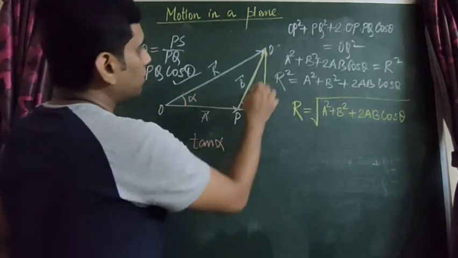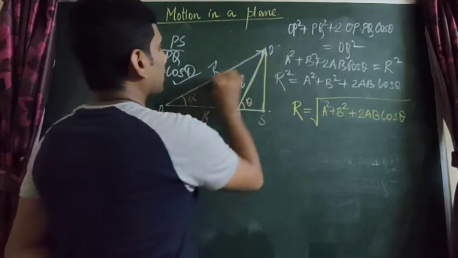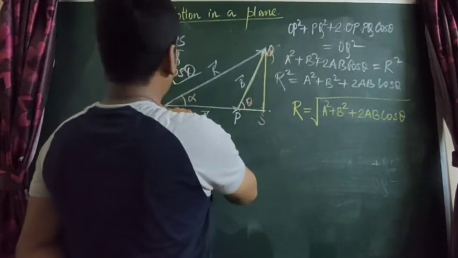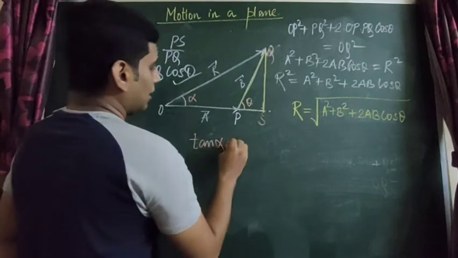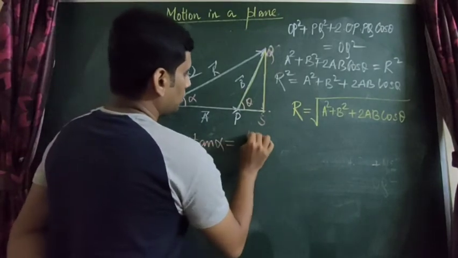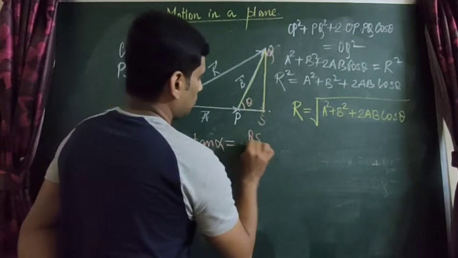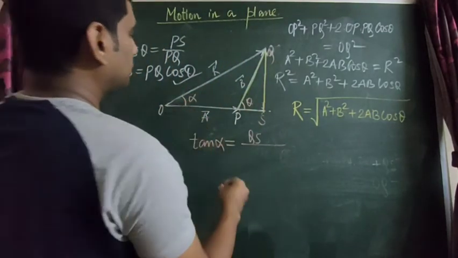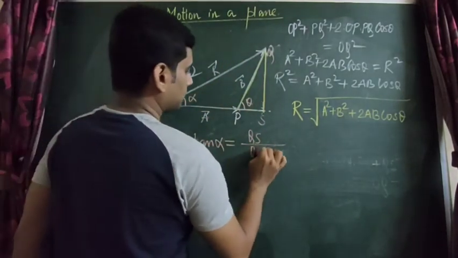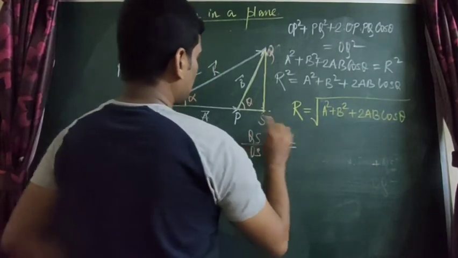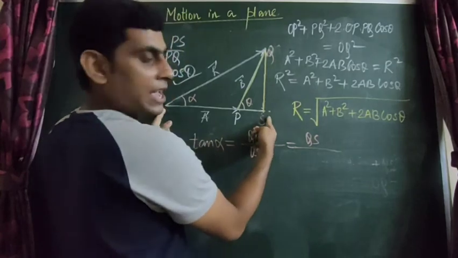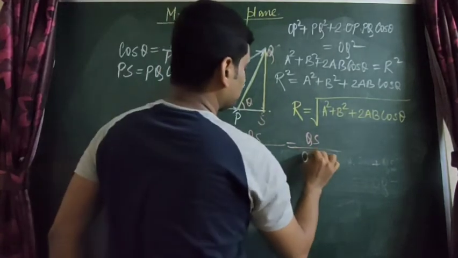So tan alpha, if we take this triangle OQS, equals QS by OS. QS divided by OS, where OS can be written as OP plus PS.